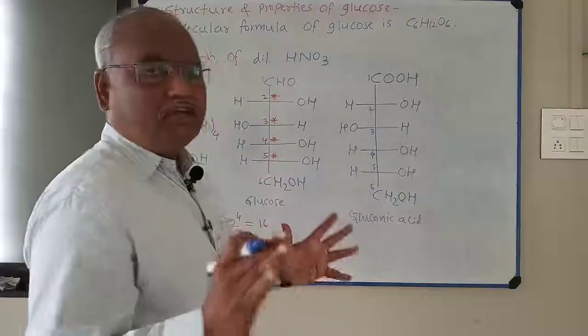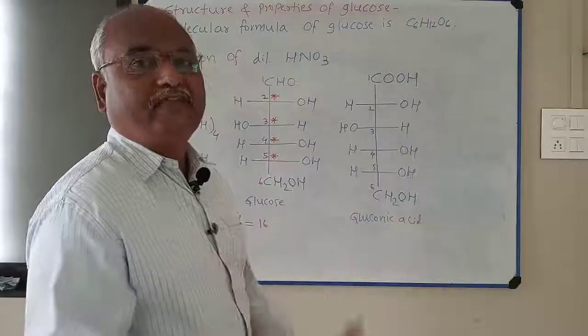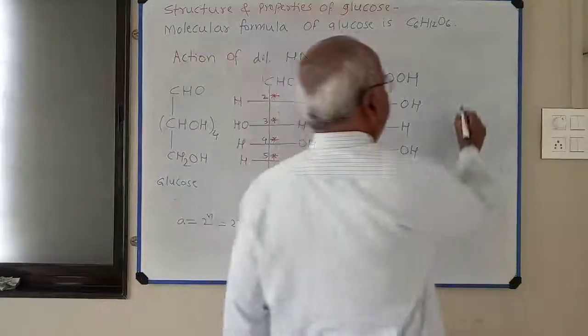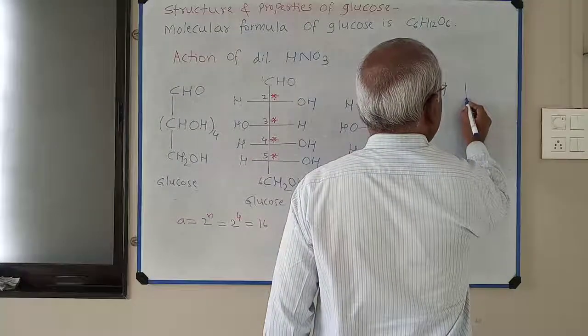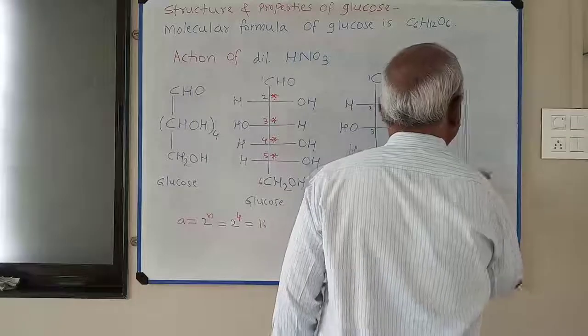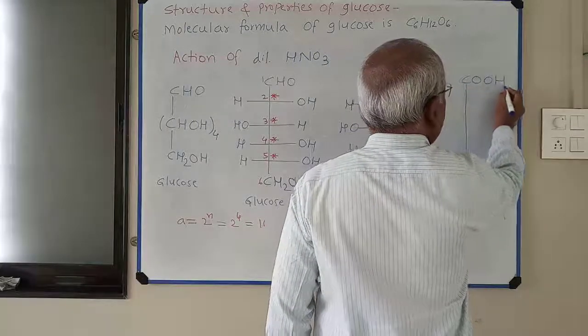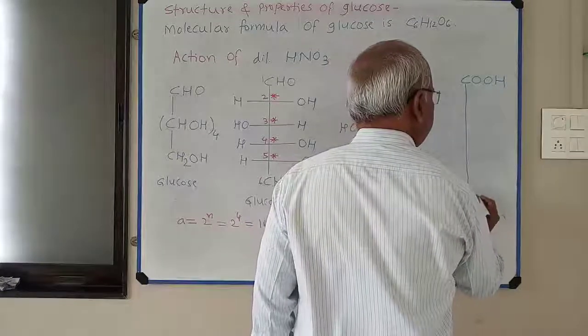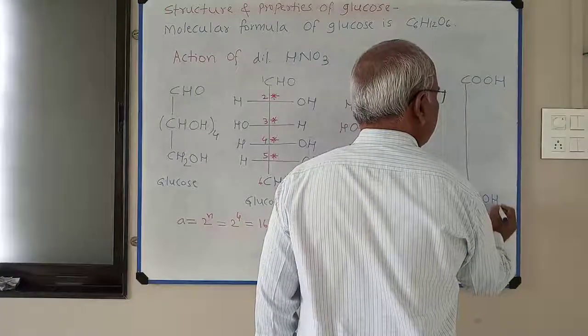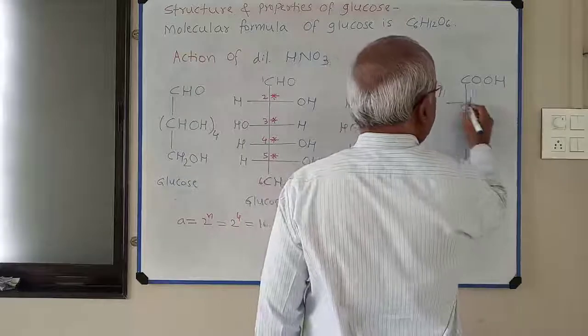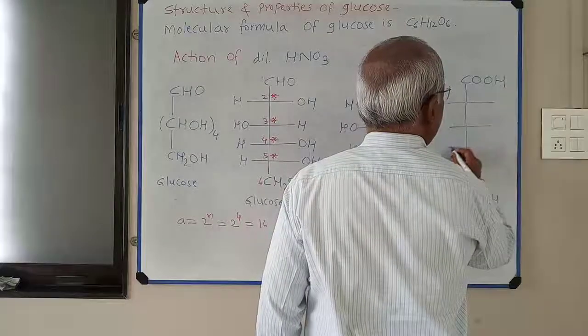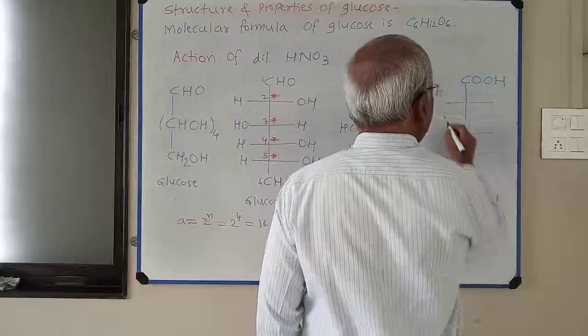I draw the structure of saccharic acid. So in saccharic acid, first I draw a straight line. COOH group, it is a dicarboxylic acid. Here is also a COOH group. Second carbon, third, fourth, fifth.